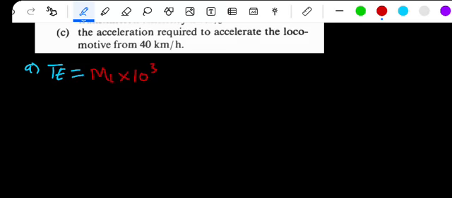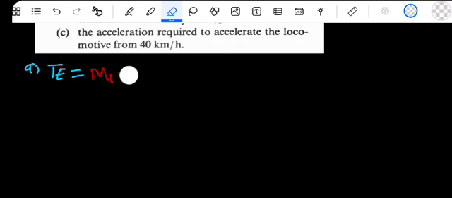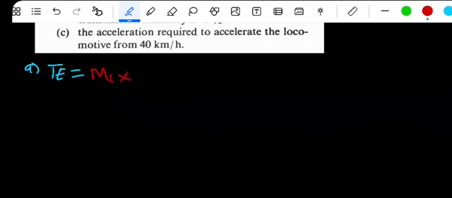Let me not include this. It's the locomotive mass, multiplied by the coefficient of friction, multiplied by gravity, multiplied by the percentage.